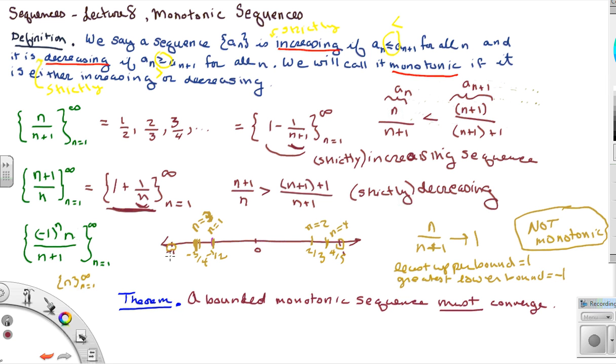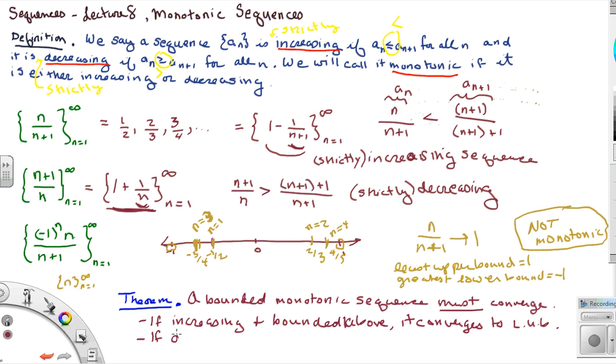More precisely, if it's increasing and bounded above, it converges to its least upper bound, LUB, and if decreasing and bounded below, it converges to the greatest lower bound.